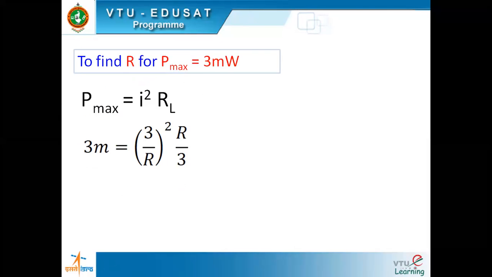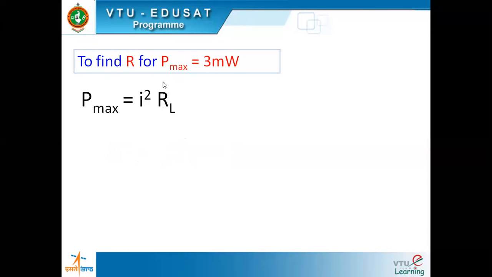Let me tell you one important thing. In the internals, you made a mistake when you were asked to find out this power. If we are asking you to find out the power delivered by the voltage source, you cannot use this. If I'm asking you to find out the power delivered by the current source, you cannot use this. You should use V into I only.